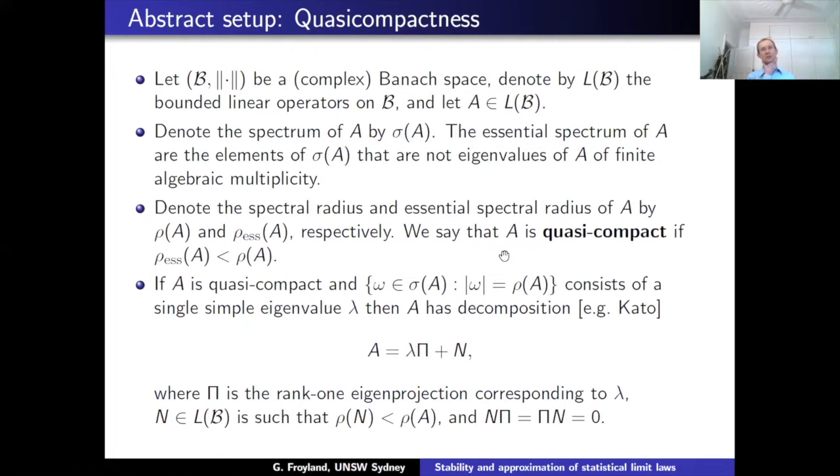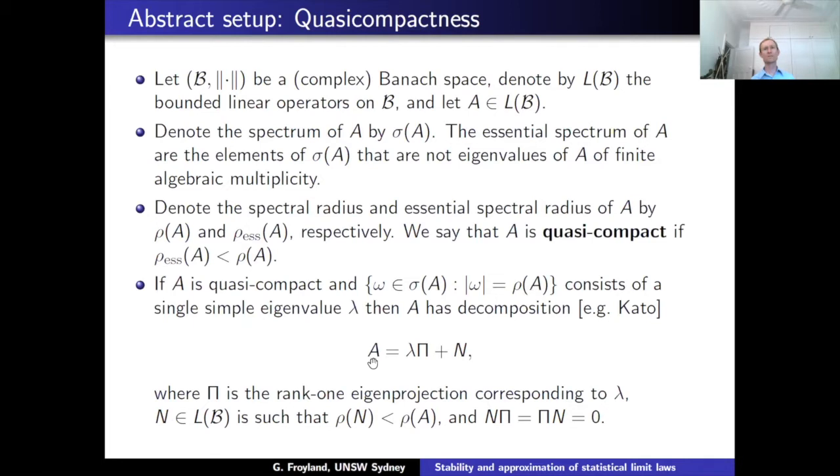We're going to use quasi-compact operators, as in the cartoon picture we had before. The important thing is the one leading eigenvalue on the spectral radius. This is just a long-winded way of saying that there's only one eigenvalue on the circle of radius the spectral radius.